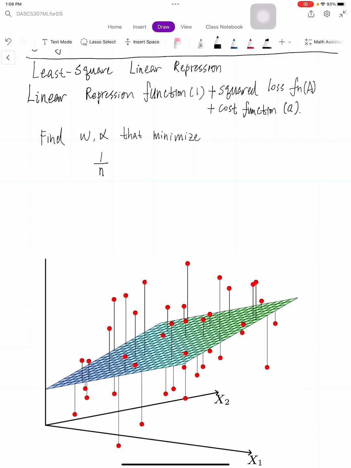So 1 over n, you go over each data point x, inner product with W, plus alpha. This will be your model. This gives you y hat, and the differences with the observed y, and you take the square. Yes, so that's the linear regression problem.